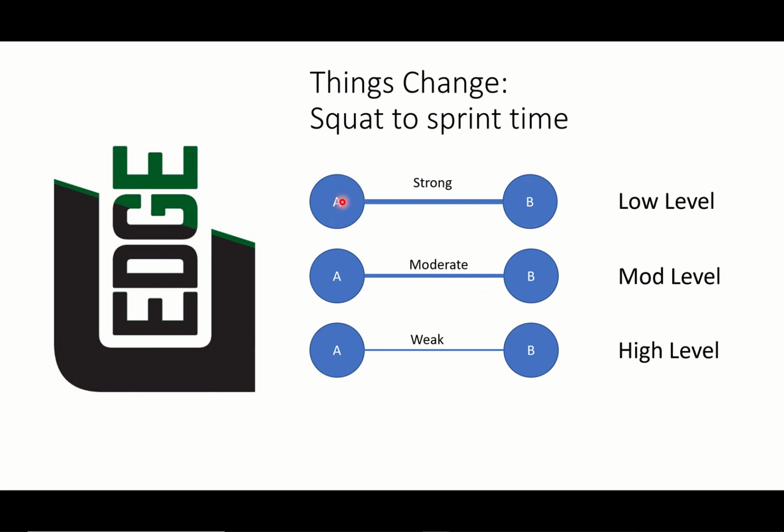In the early stages of development, certain exercises might be highly related to a certain outcome, like a squat being highly related to a faster sprint time. But as we get stronger and more proficient, other strength qualities emerge that might play a more important role.